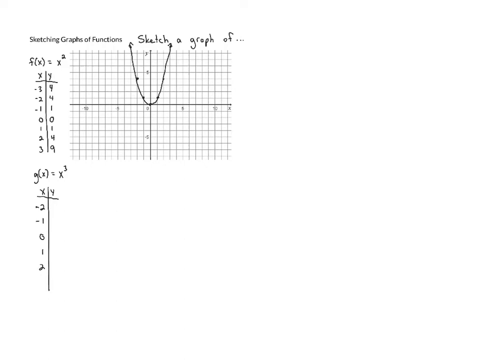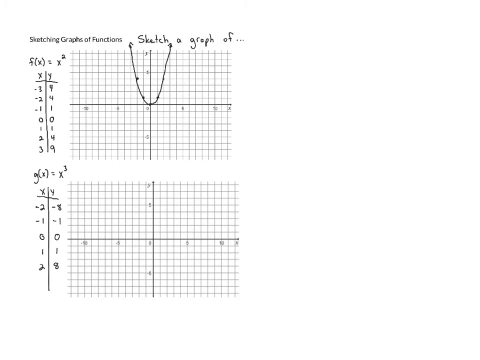Now when we cube these numbers, -2 cubed is -8, -1 cubed is -1, 0 cubed is 0, 1 cubed is 1, and 2 cubed is 8. Let's sketch this graph. All right, we've got -2, -8, -1, -1, 0, 0, 1, 1, and 2, 8.